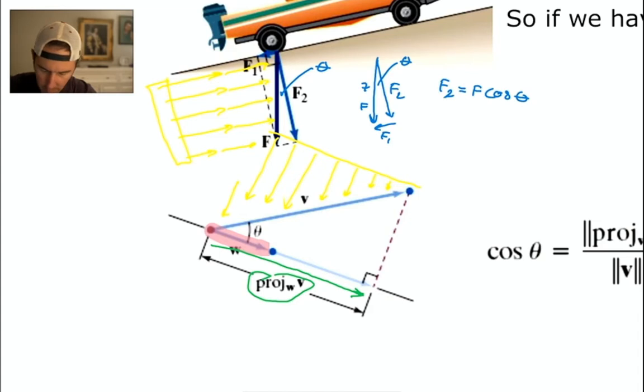That's the projection of V onto W, and vector W, which is in here, are pointing in the same direction, which means they're parallel, which means they're scalar multiples of each other. I could take little vector W and I could multiply it by a number and turn it into the projection of V onto W.